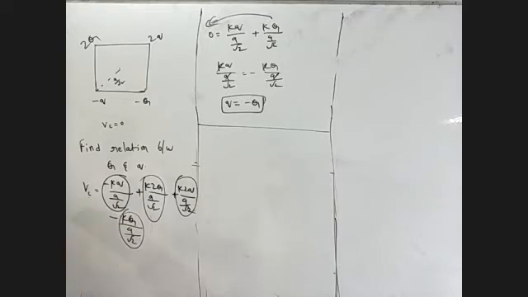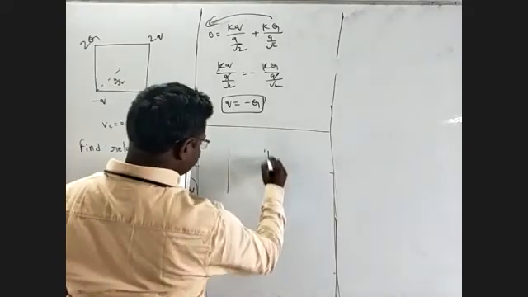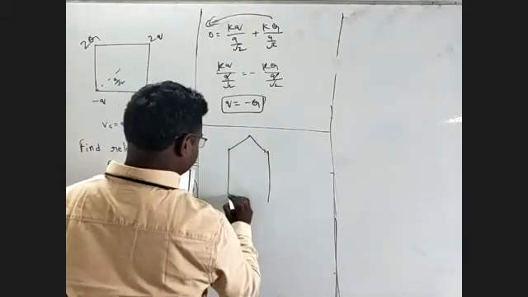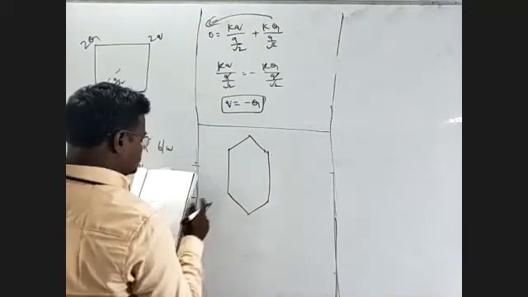Okay, this is the square model. Next model, which you know very well, is a polygon: 1, 2, 3, 4, 5, 6, a hexagon.